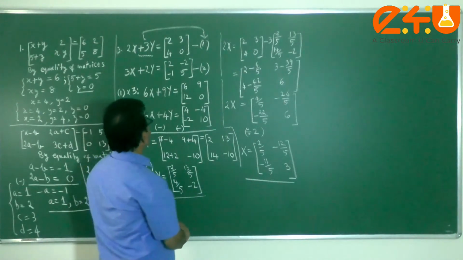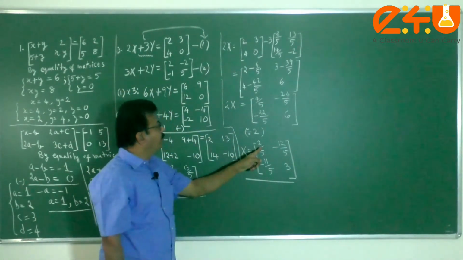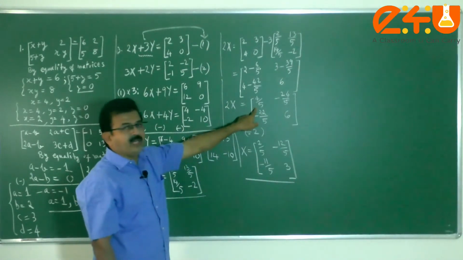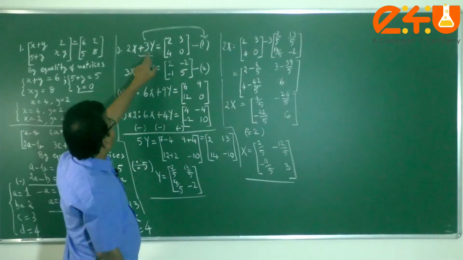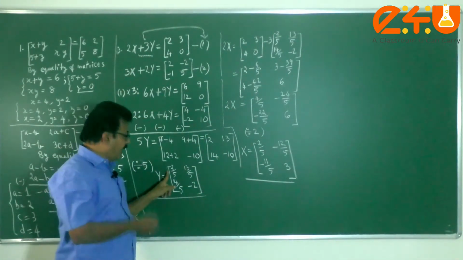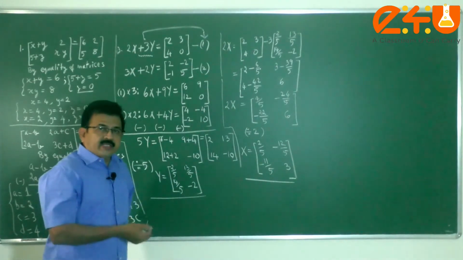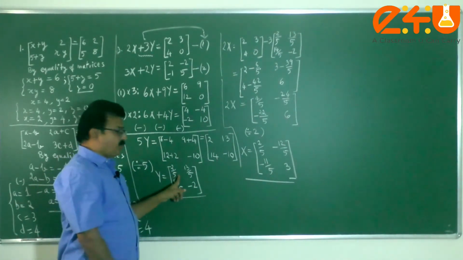In 1 1 only, what do I get? 2 times of x. So let me do the 2 times. 2 times of x was already available, that was 4 by 5. Let me add 3 times of y. So when I add 3 times, again let me remind you, we are considering position 1 1. The 1 1 element is 2 by 5.